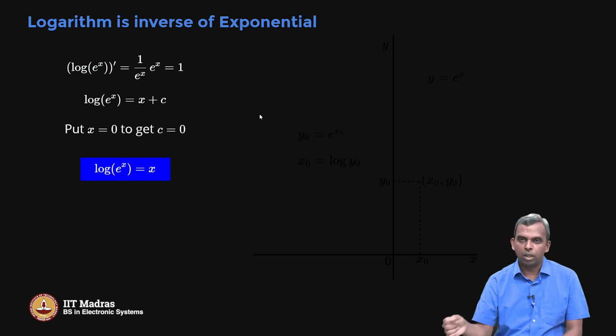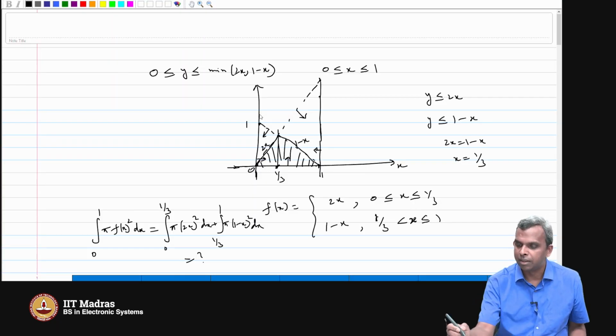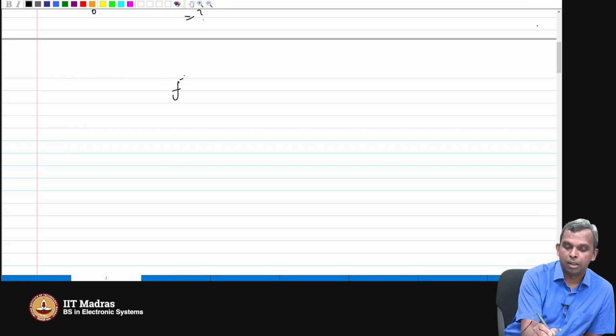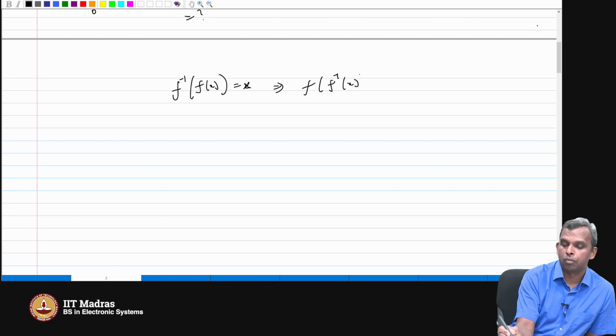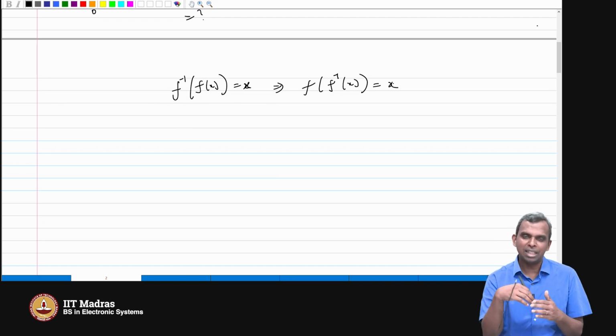Now here is an interesting and important thing about inverses. You may not have thought about it, or maybe we didn't see it in this class at least. If I have f inverse of f of x being x, this implies f of f inverse of x equals x again. If f inverse is the inverse of f, then f is the inverse of f inverse.